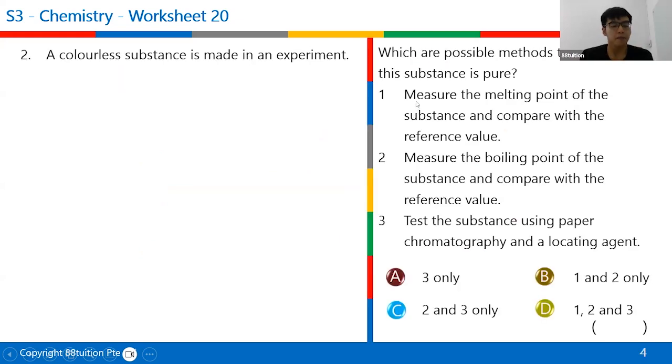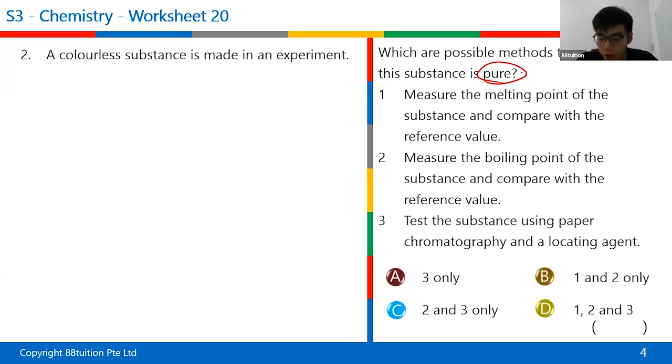Question two, a colorless substance is made in an experiment. Which are the possible methods to determine if that thing is your same thing? Over here, they ask you about purity. So try which of the three statements will help you to determine if it is pure or not. Randall says D. Chloe also says D. Let's take a look.